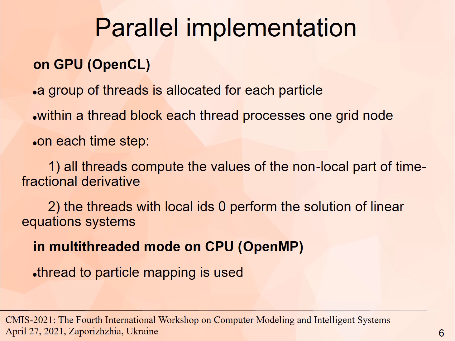As the most time-consuming part of the solution of the time fractional differential equation is the calculation of the non-local part of the fractional derivative, we map each thread in the group to a node of the finite difference grid and perform parallel within each group computation of the non-local part making use of the local memory of the GPU. Then, the other steps of the direct problem solution are performed by a single thread.